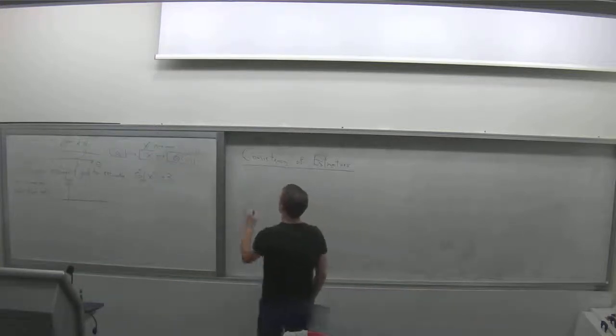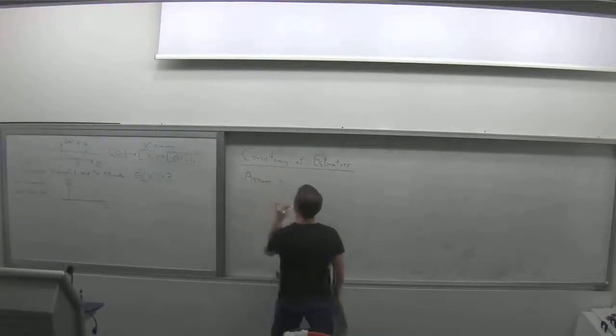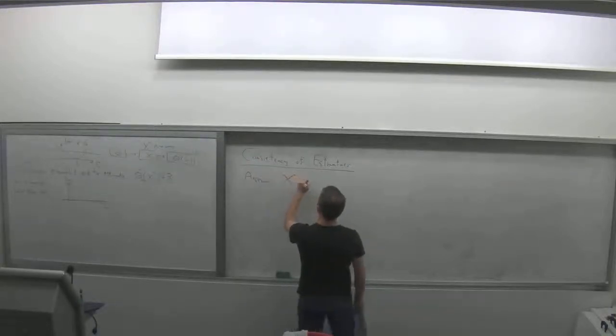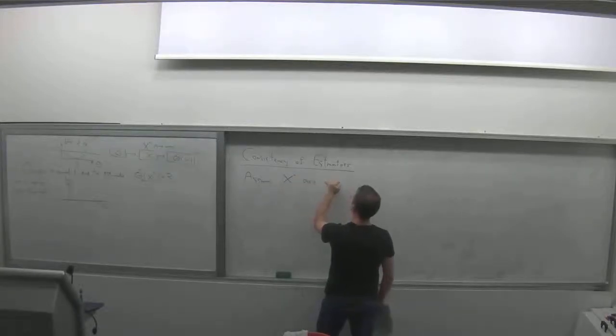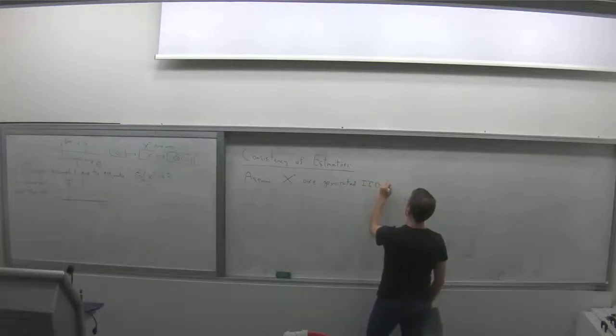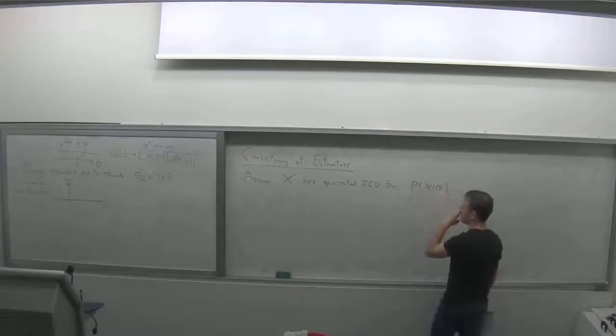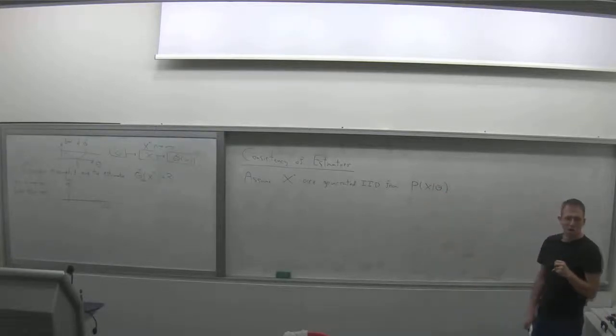So given p, let's assume x is discrete now, p of x given theta, just because I don't want to write it.